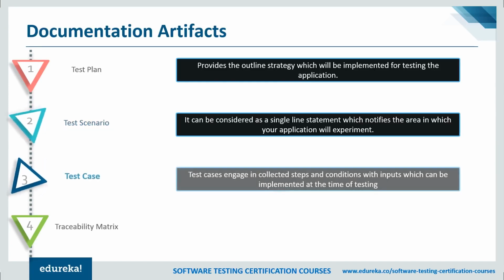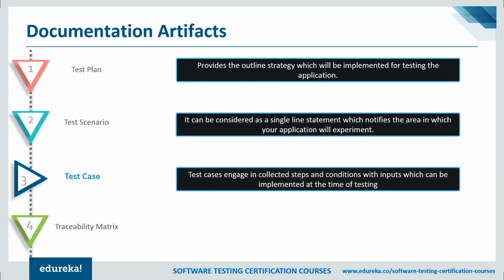Next is the test case. Test cases involve a set of steps and conditions with inputs which can be implemented at the time of testing. This activity focuses on making sure whether a product passes a set of tests or fails by any means, such as functionality or other aspects. Many types of test cases are checked during testing, like functional test cases, negative error test cases, logical and physical test cases, and user interface test cases as well.